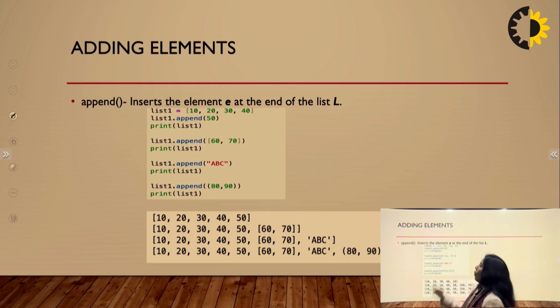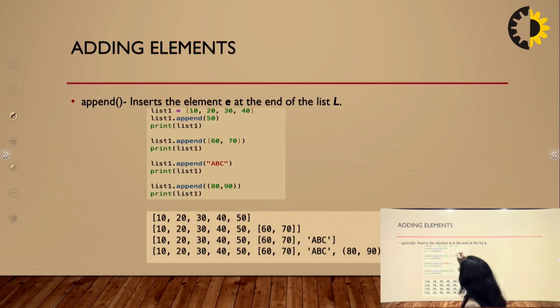If we want to add elements to a given list, as we discussed, the list is mutable. Values can be added, deleted and altered. To add elements we have two methods: append and insert. In append, the value is appended to the existing list.